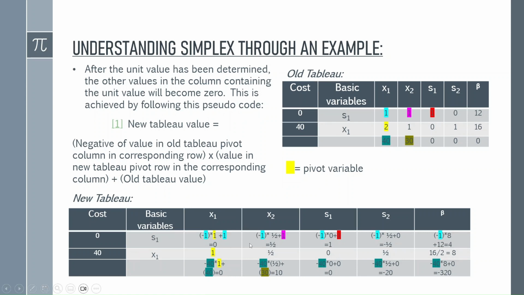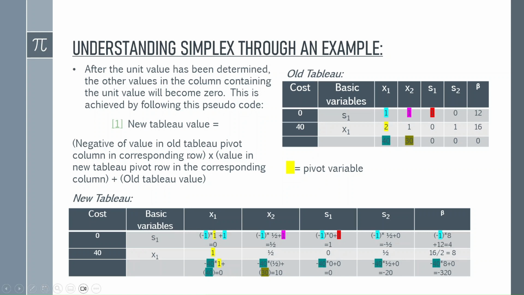So similarly, to find this element in the first row, second column in the new table, we take the negative of the value in the old table's pivot column in the corresponding row. The corresponding row is the first row.